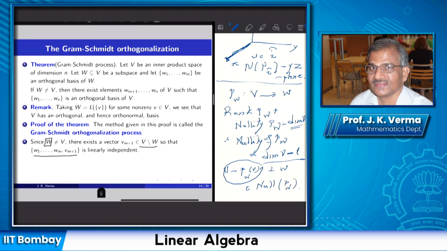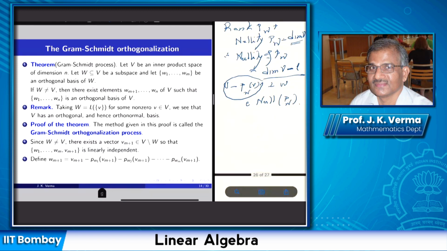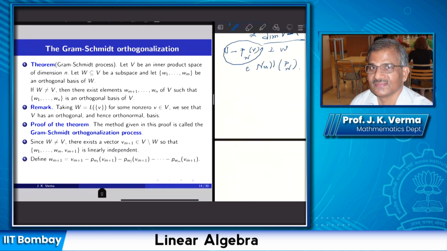So we will exploit these things to construct an orthogonal basis. What do we do? This is the first step of the Gram-Schmidt orthonormalization process. We were given a set of vectors, and I have a vector Vm plus 1 which is outside this.